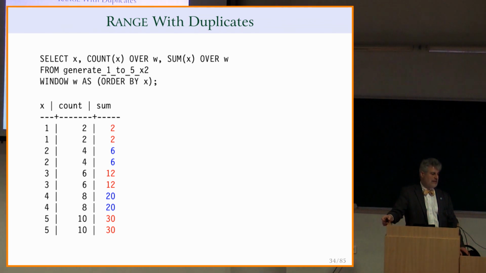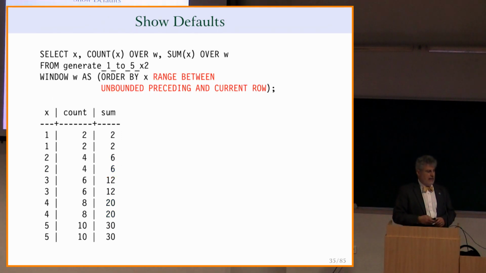The third row can see the third row and the fourth row because those are both peers. Okay? And that's true all the way down. They're now seeing peers and they're going down, and the frame clause for the sum is actually including the peers. And this is exactly what the defaults are, right? So you're seeing the little defaults.